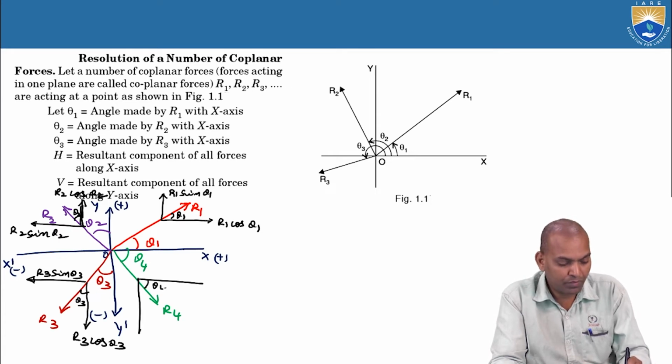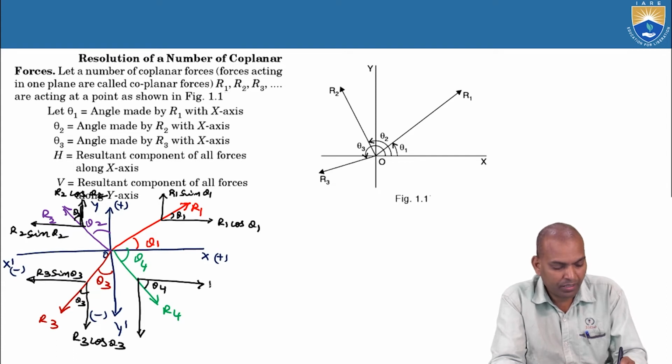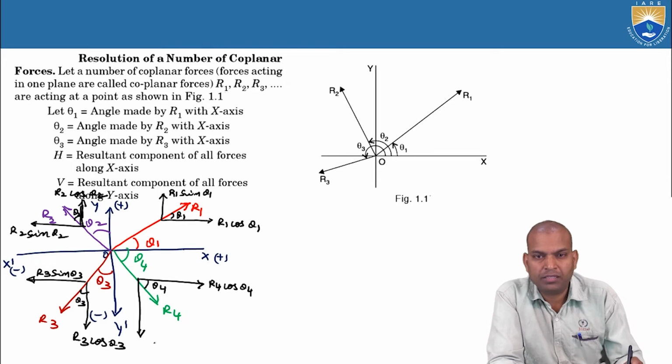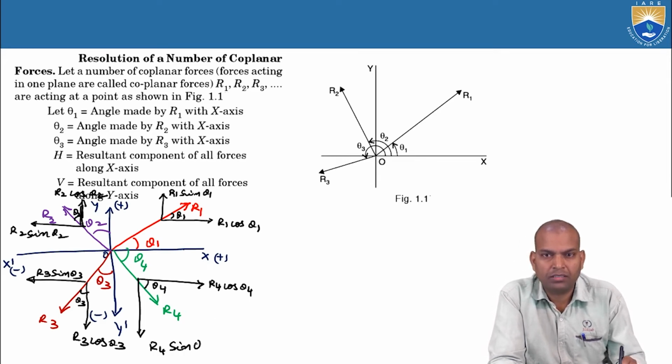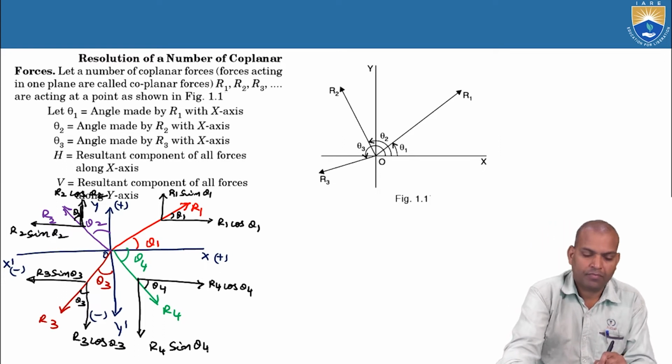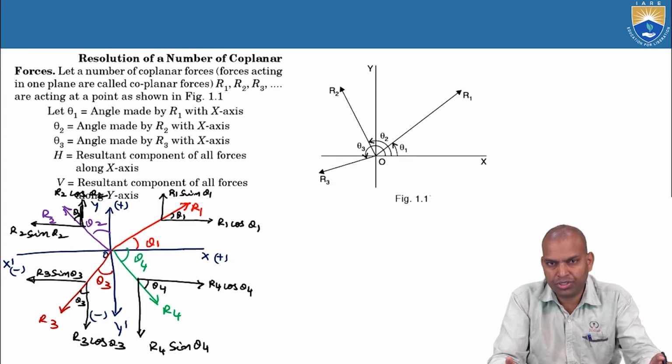Now theta 4 is making with the horizontal component. Okay. Now it becomes R4 cos theta 4 horizontal. Next it becomes R4 sin theta 4. If we draw this diagram, the resolution is done.